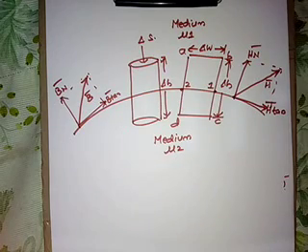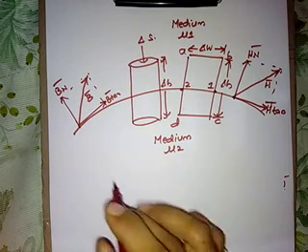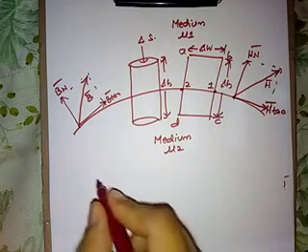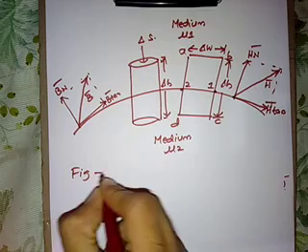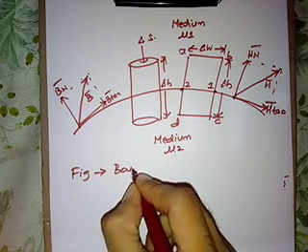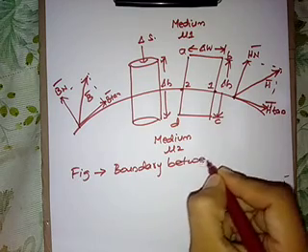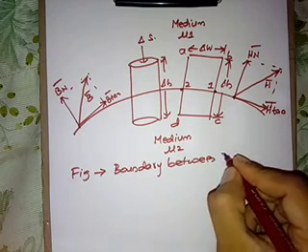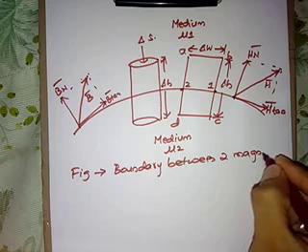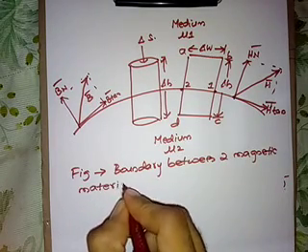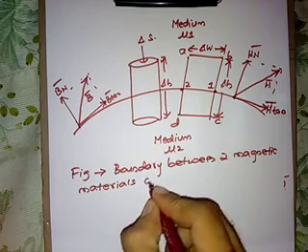So we are finding out the boundary conditions for the normal component. The figure is for the boundary between two magnetic materials of different permeabilities.